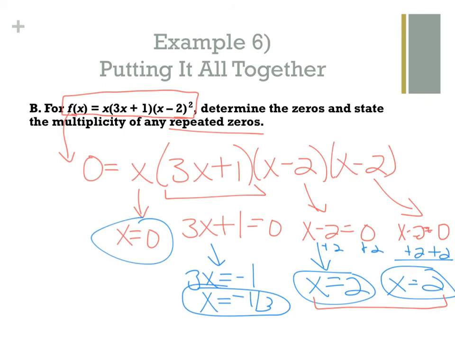I'm just going to reiterate our final answer here: x equals 0, x equals negative 1/3, and x equals 2. Again, x equals 2 has a multiplicity of 2.